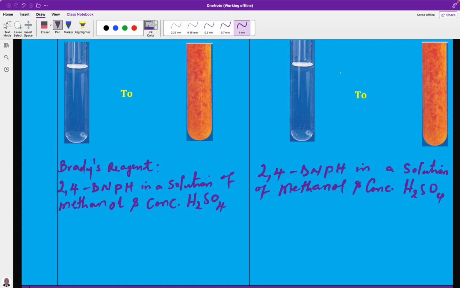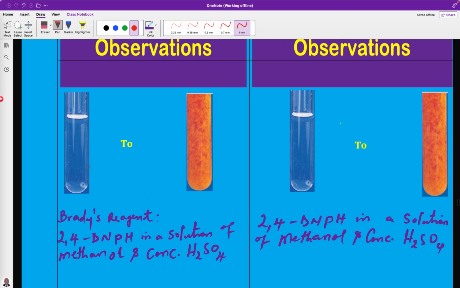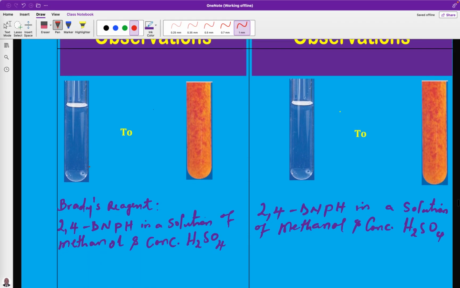Let's say I put this into a test tube containing the aldehyde, that is ethanol. I also put this Brady's reagent into this other test tube.